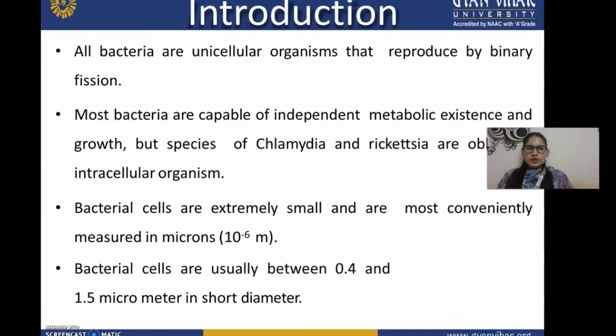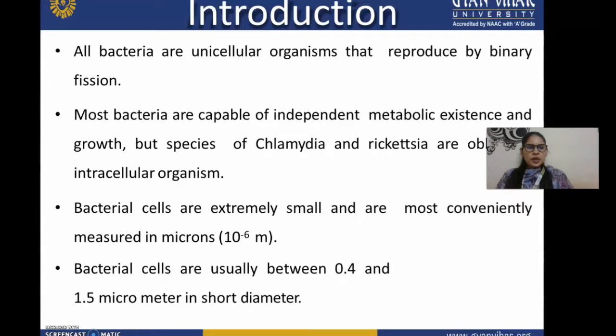Now, in the introduction of today's lecture, we will start with the basic introduction of the bacterial cell. All bacteria are unicellular organisms that reproduce by binary fission, and most bacteria are capable of independent metabolic existence and growth, but species of Chlamydia and Rickettsia are obligatory intracellular organisms.